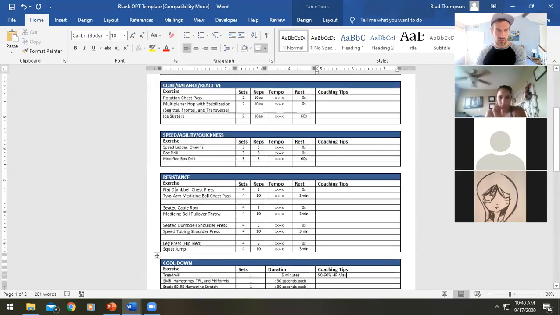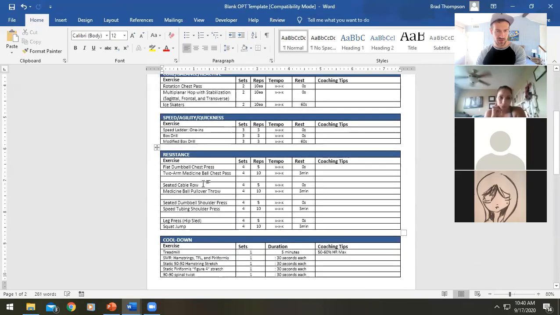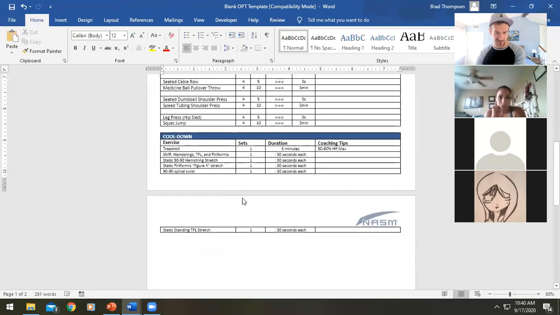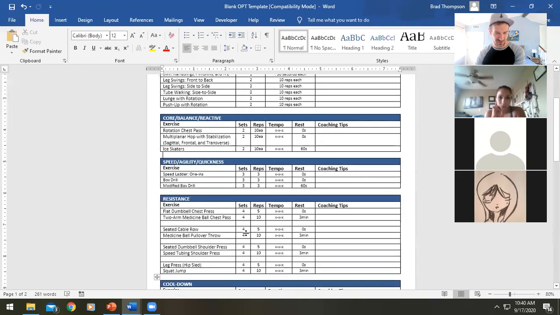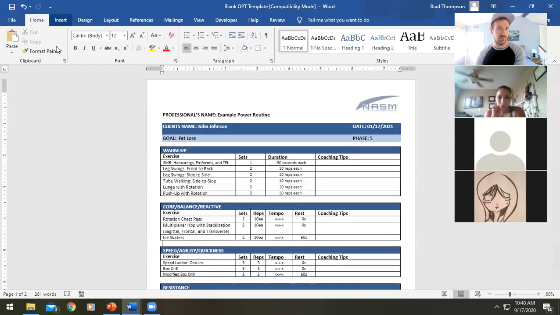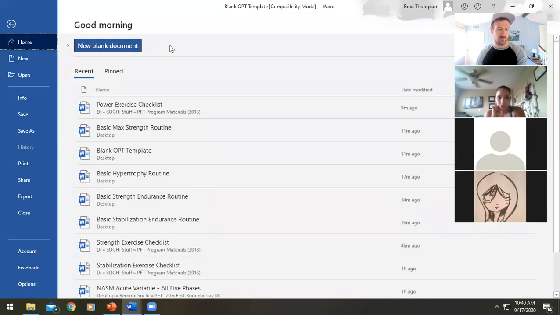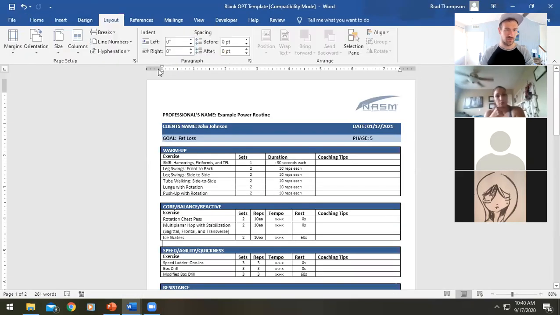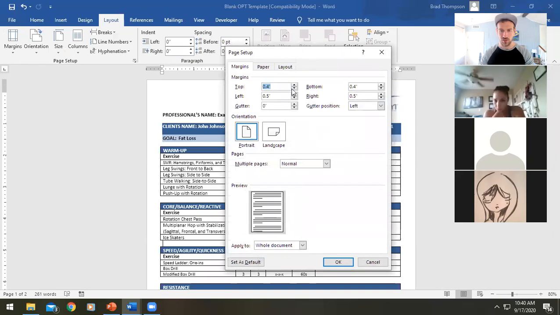All right. Oh, I need space. Freaking dynamic stretches take up so much space. No, I want to leave the gap. Where's my page? Margins.